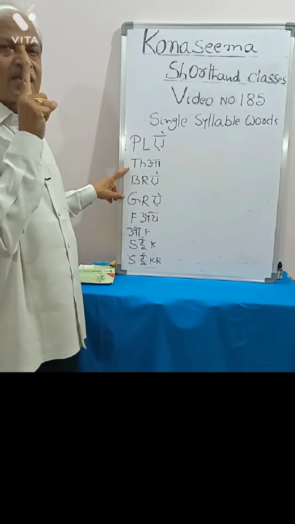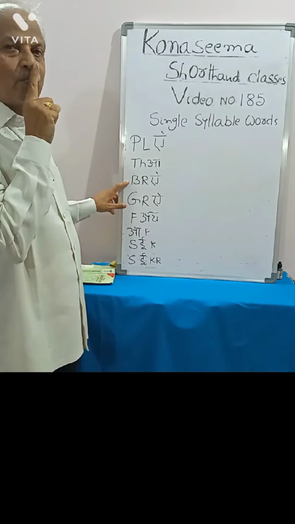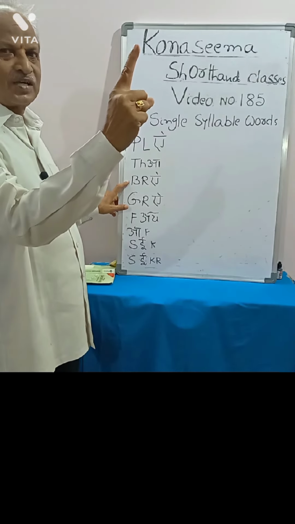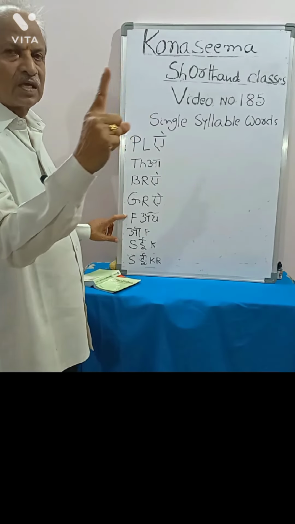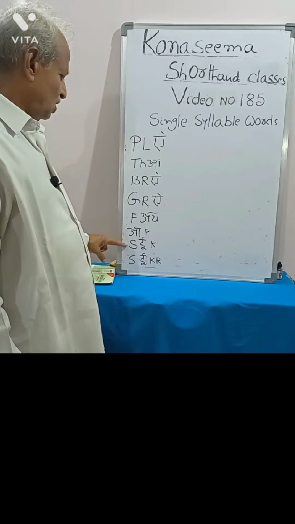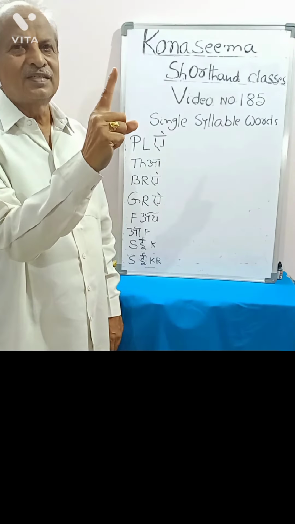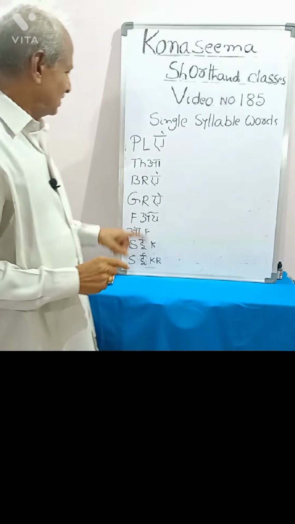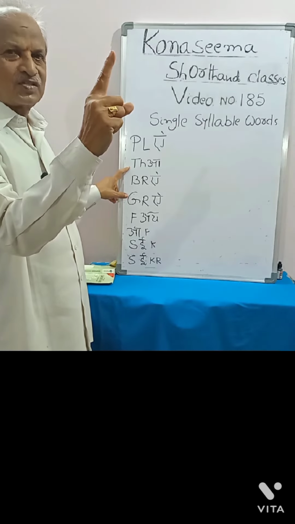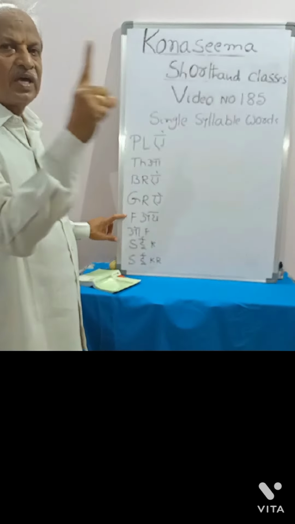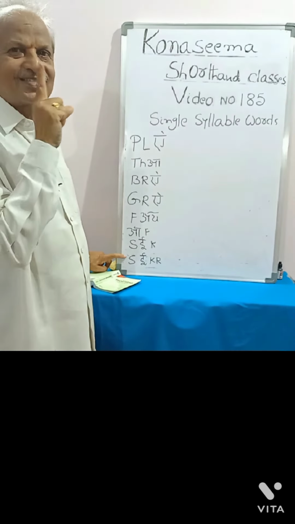Like that, ta, there is no diversion. The voice is straight. Bray, voice is straight. Grey, fa, fi, off, seek, seeker.